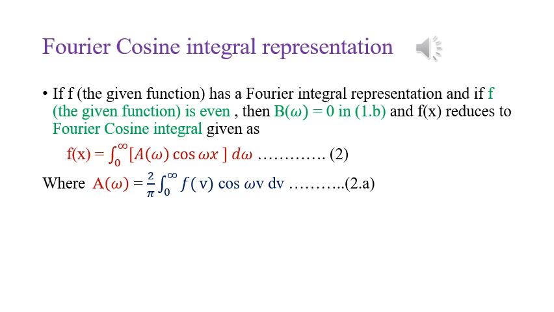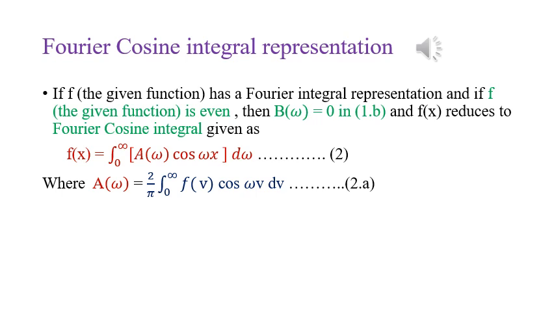So from this property we can arrive at the Fourier cosine integral and Fourier sine integral: if f, which is the given function, has a Fourier integral representation, and if f is even, then b of omega will be 0. Why?